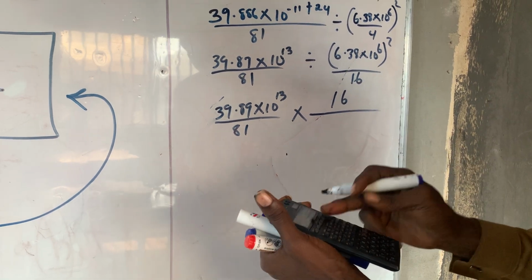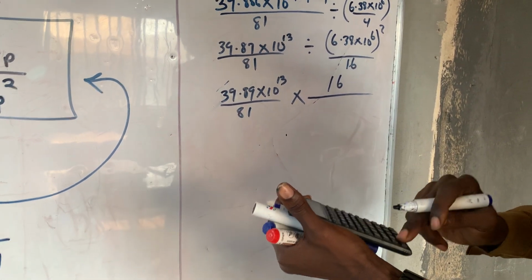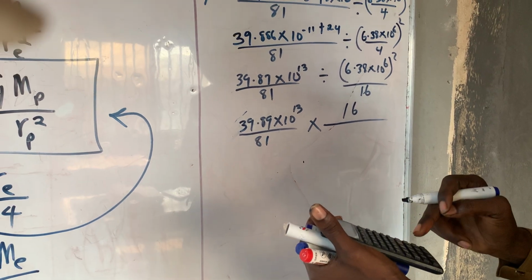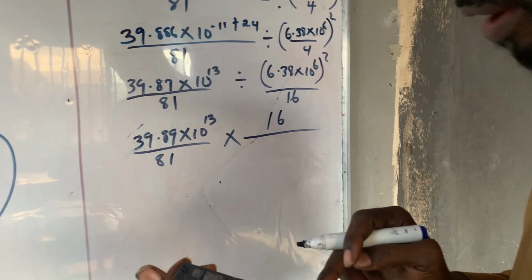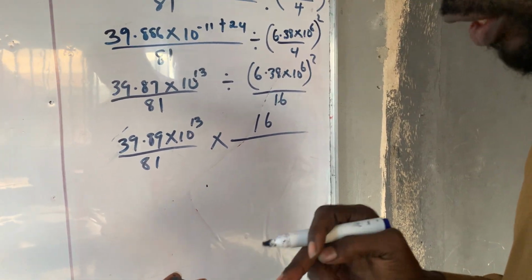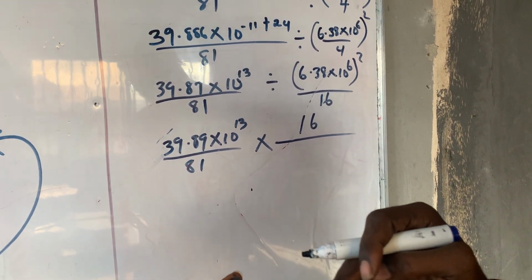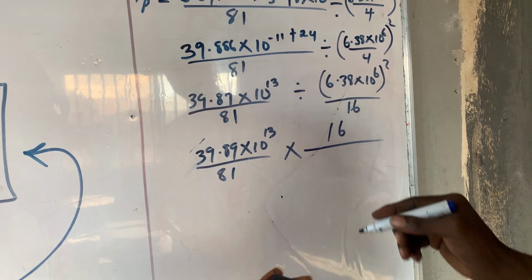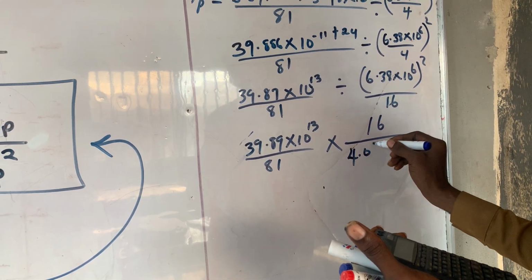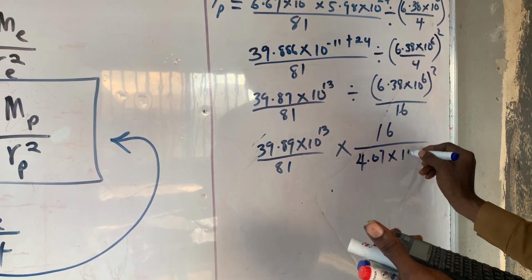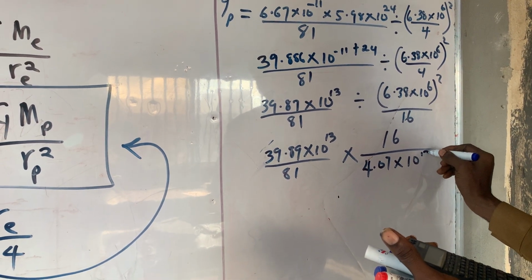Now let's take a look at this. 6.38 times 10 raised to the power of 6 squared, that is giving us 4.07 times 10 raised to the power of 13.